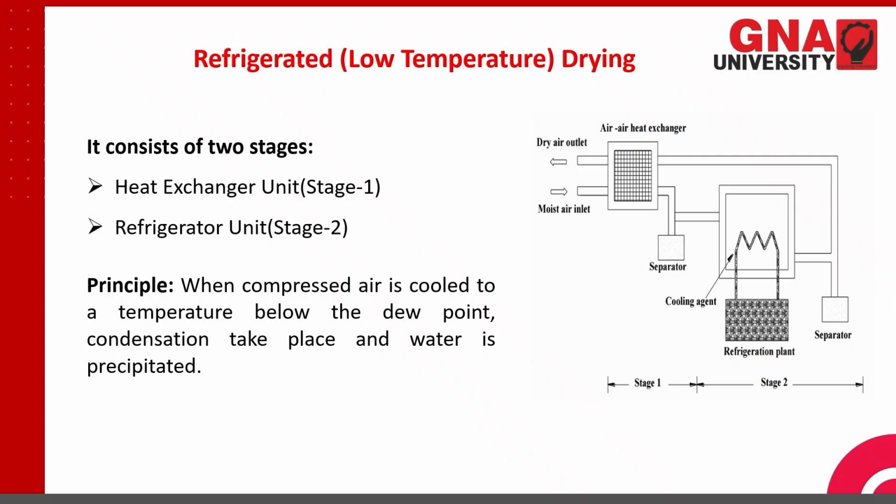We have a refrigeration plant in stage 2 that acts as a refrigerator, also known as the chiller. It will chill the air to the dew temperature, nearly 2 degrees centigrade, at which the condensation of the moisture will take place.